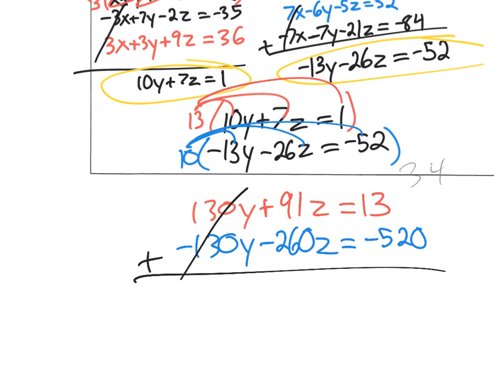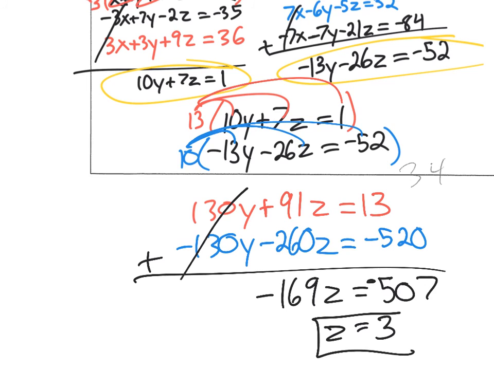I get negative 169z equals negative 507. So now let's hope that this can be divisible by 169. Yes, it is, and it's a positive 3.